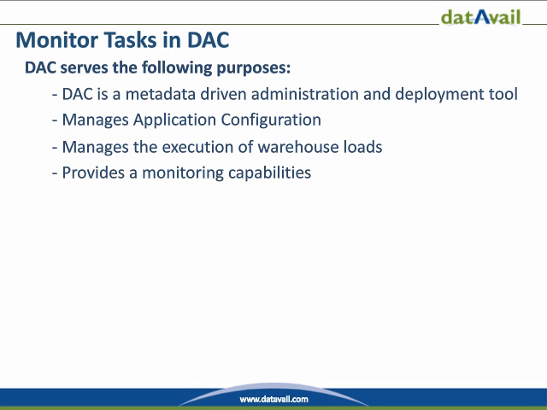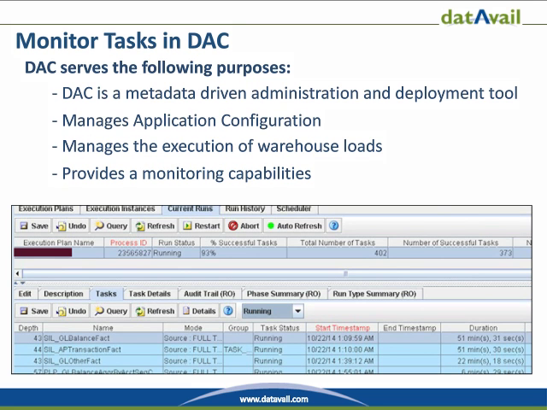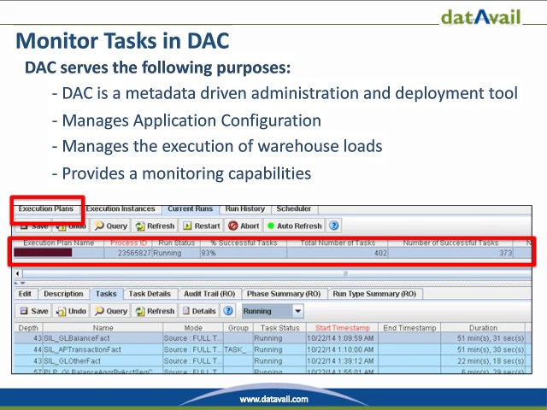Now, the thing that I use it for is monitoring. And you can see here a small screenshot of an activity where you've got your execution plans, and you can see the activity of that plan right here. This is one that's running. I've got the process ID. I can see that it's 93% completed. And then at the bottom, I can actually see the tasks that are running.